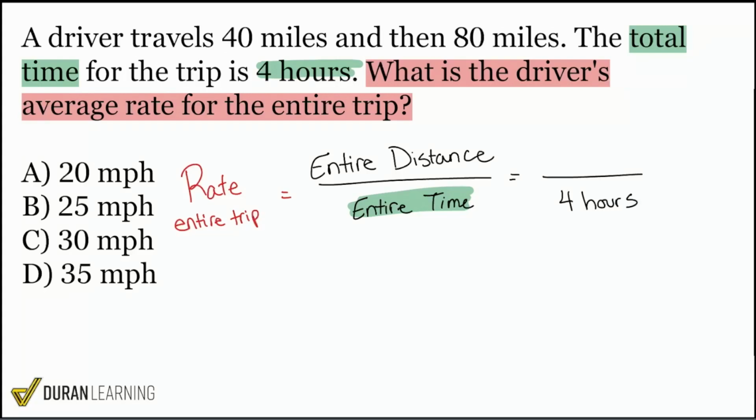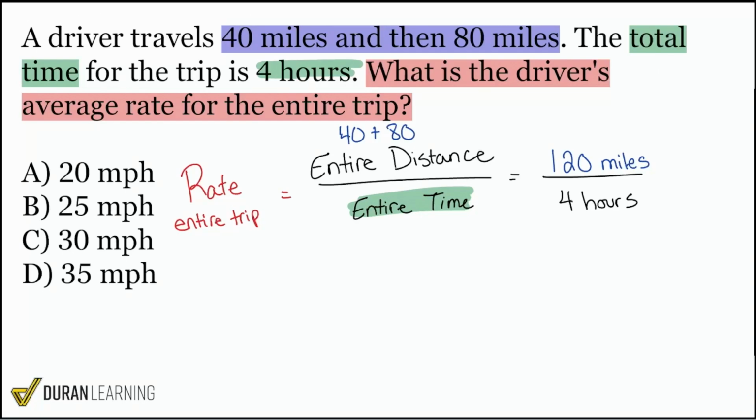But then the total distance, everybody, is going to be the 40 miles plus the 80 miles. If we do 40 plus 80, that's going to give us 120 miles. So now that we have the entire distance and the entire time, we're set to divide nice and easy.